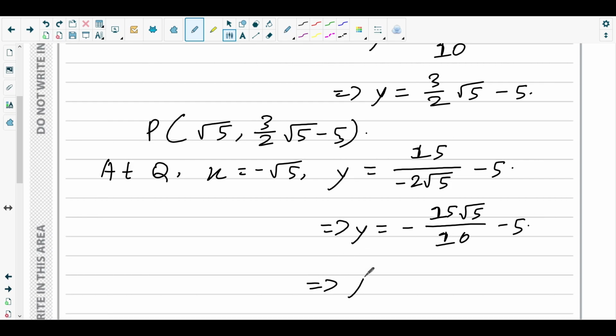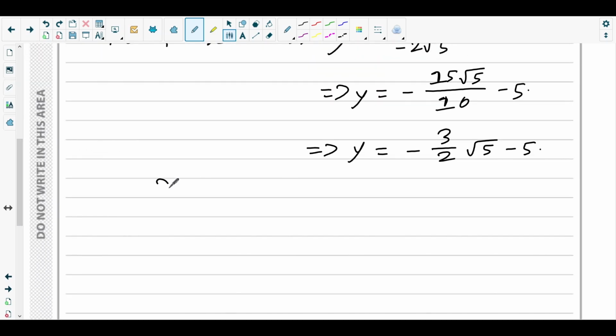So the y coordinate would be negative 3 over 2 square root of 5 negative 5. So the coordinates of point Q are negative square root of 5 for the x coordinate, and negative 3 over 2 square root of 5 negative 5 for the y coordinate.